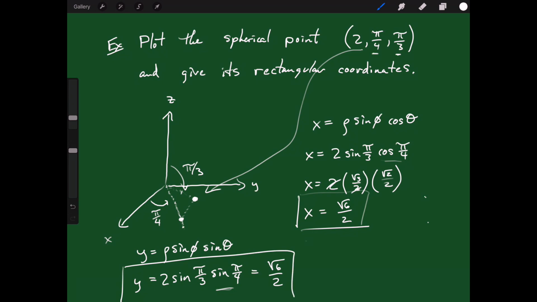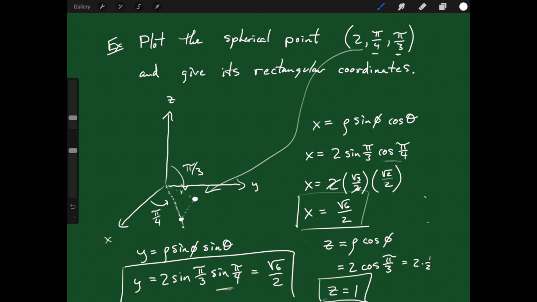Okay, and then z is rho cosine of phi, which is 2 cosine of pi over 3. Cosine of pi over 3 is 1/2, so this is 2 times 1/2, otherwise known as 1.